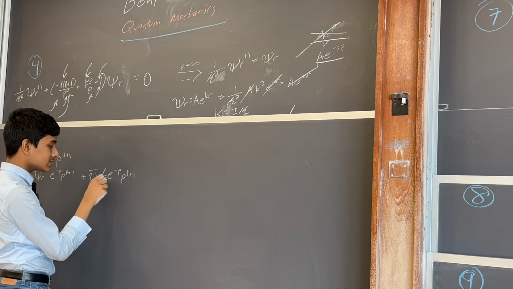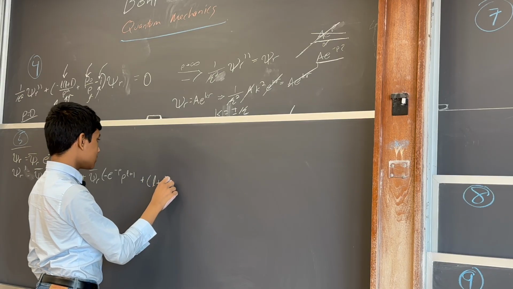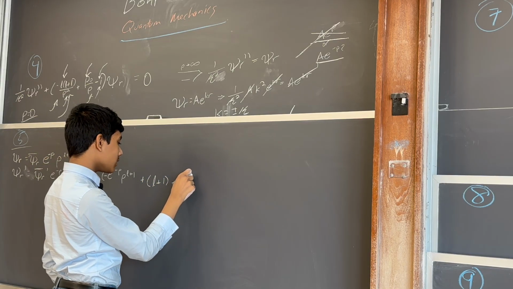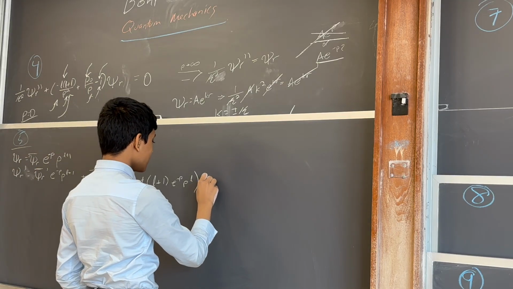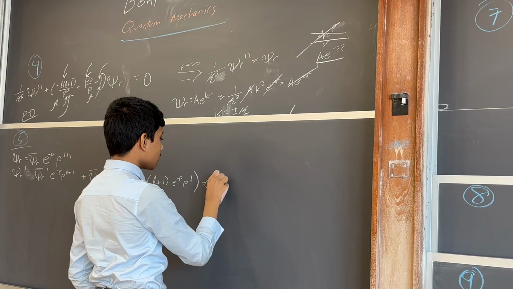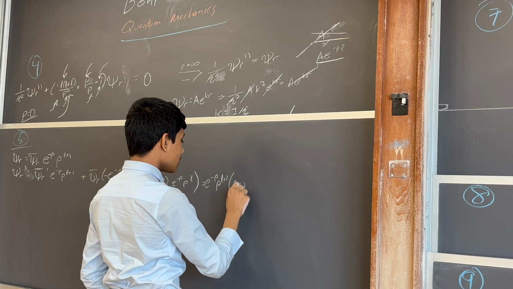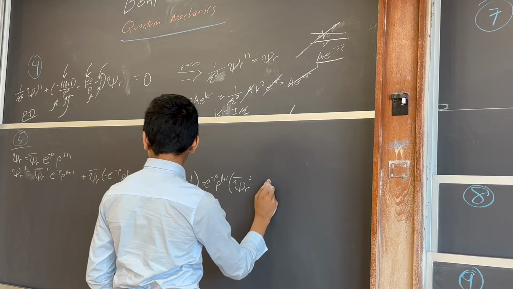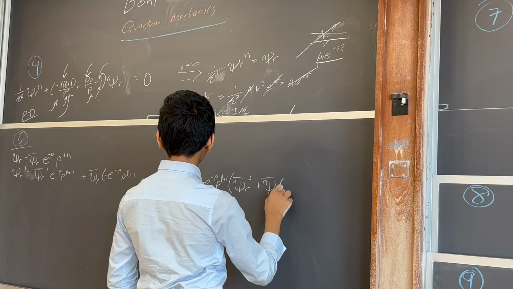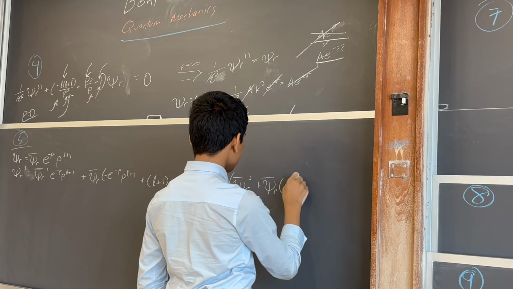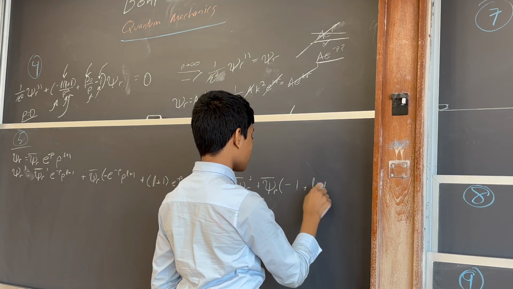This should have a minus sign since we're taking the derivative of this, plus l plus 1 e to the minus rho rho to the l. Now we factorize that as e to the minus rho rho to the l plus 1 times the bland function's derivative plus the bland function multiplied by minus 1 plus l plus 1 over rho.